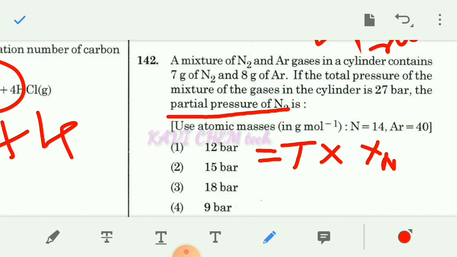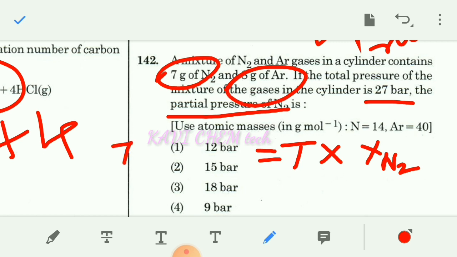So the mole fraction of nitrogen. The total pressure is given in the question, it is 27 bar. How will you calculate the mole fraction? Mole fraction is equal to the number of moles of nitrogen divided by the total number of moles. Here, instead of giving the number of moles, they have given only the mass, 7 gram of nitrogen and 8 gram of argon. From that we should find the number of moles.